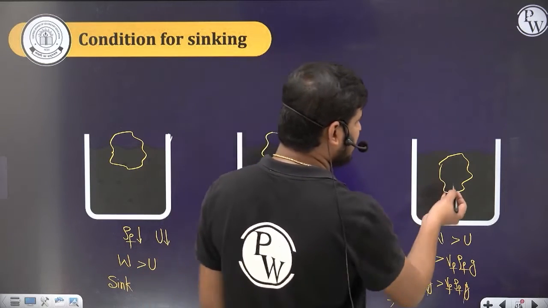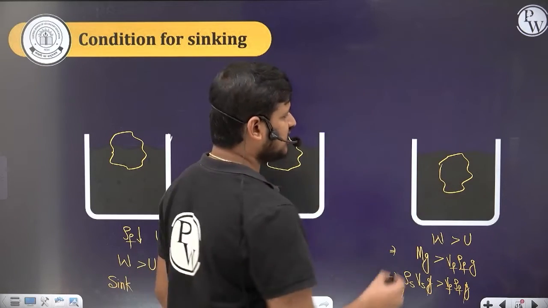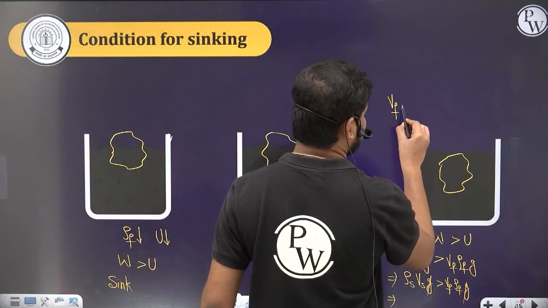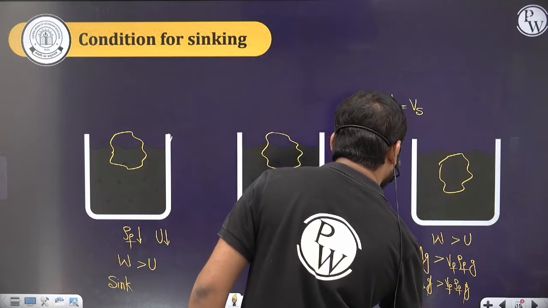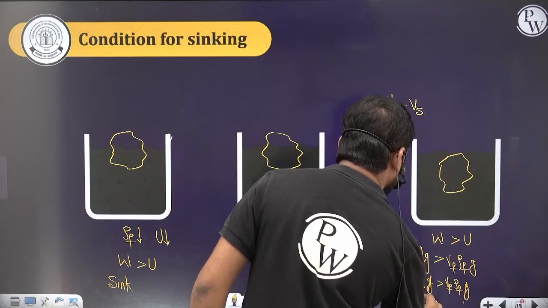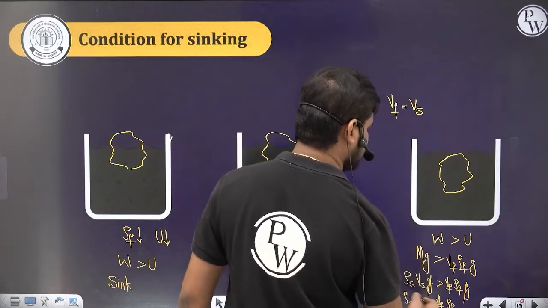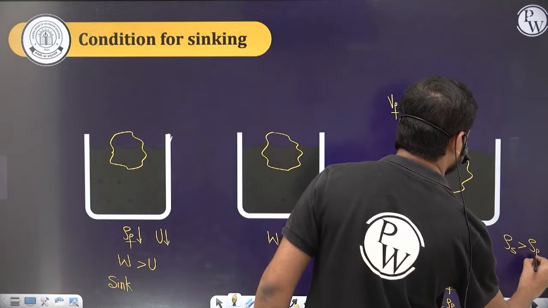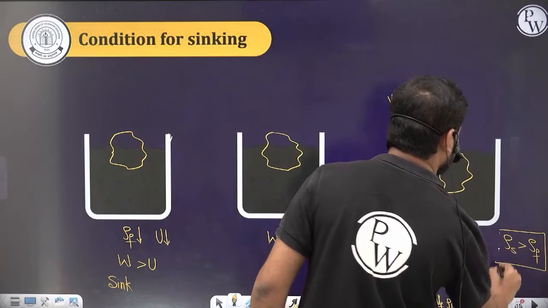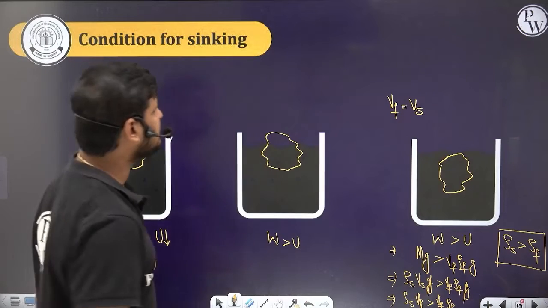If it is completely immersed, the volume of the fluid displaced is equal to the volume of the solid. In place of the volume of the solid, I write the volume of the fluid, so Vf also gets cancelled. What condition do we get? The density of the solid is greater than the density of the fluid, so it sinks completely. Clear? So that is the condition for sinking.